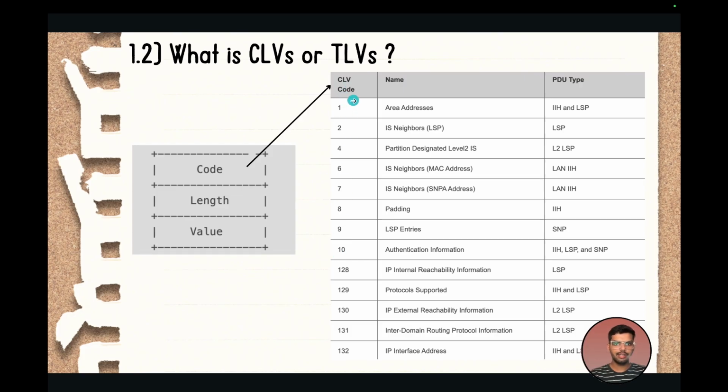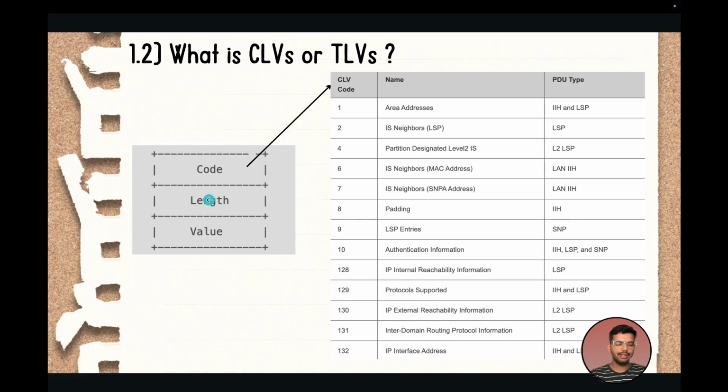So if it is something like 1, then the name of the parameter that will be sent over here as a value is area address. And for the PDU type, these are the PDU types that can carry this CLV. That's how this entire table is interpreted, and the code value means the value that is being carried over here, right?